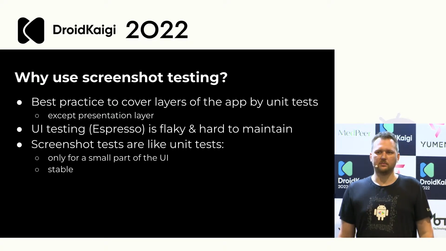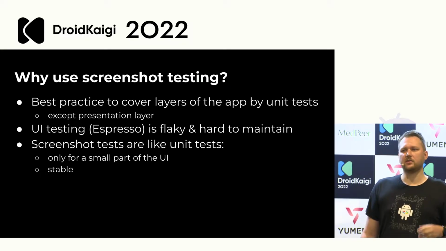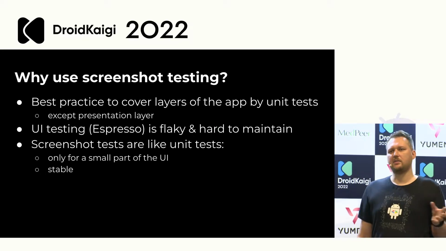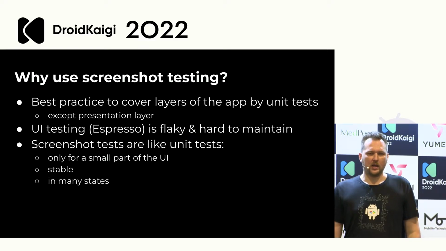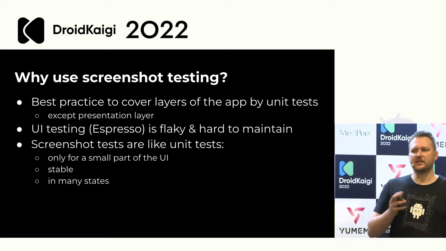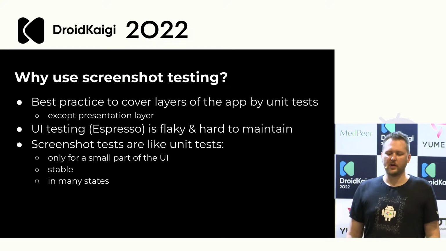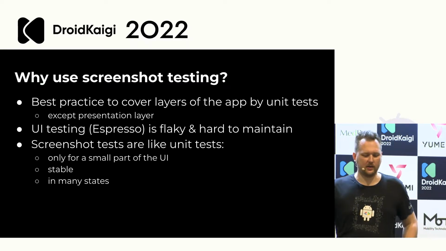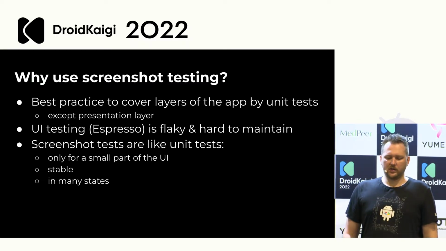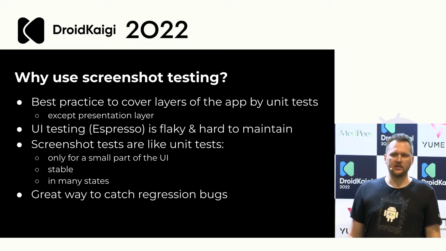They are much more stable. They always create the same image from the same static data. And you can have many states for the UI components, not just one. So you can test really all the different states of your UI in all the features. It's a great way to catch regression bugs.